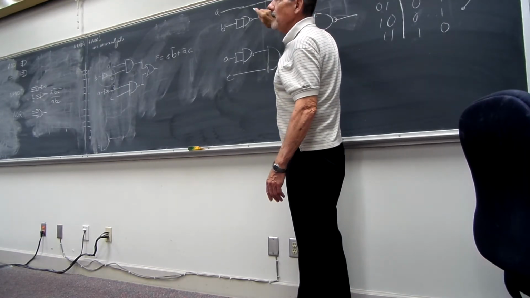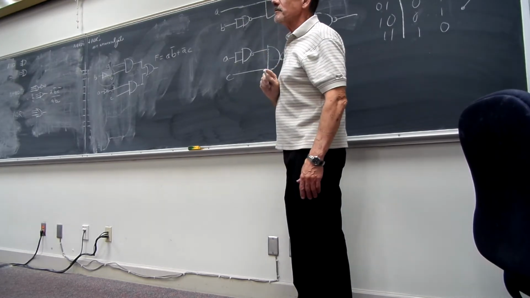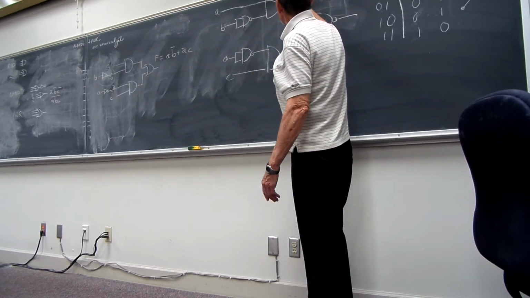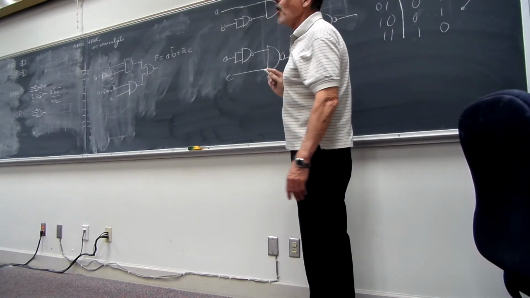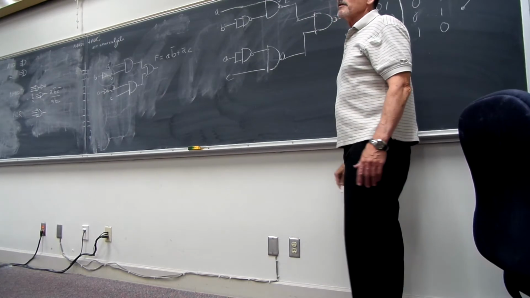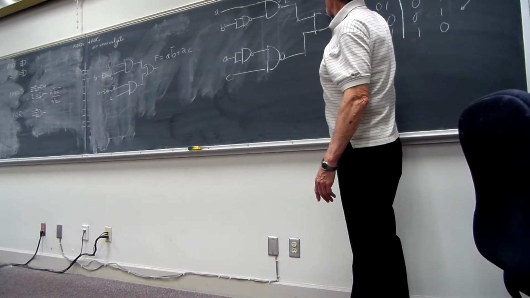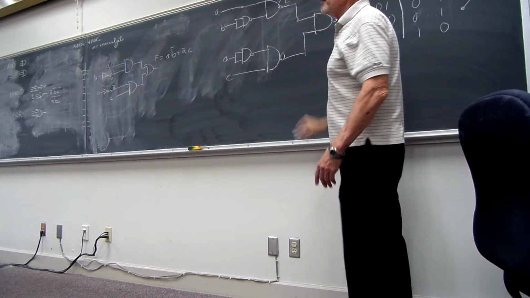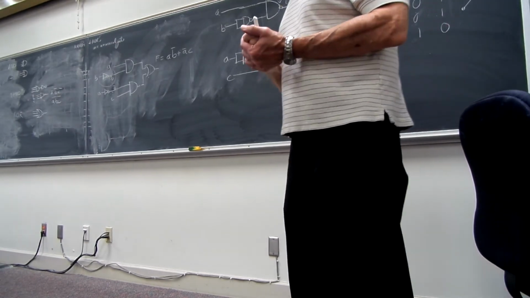A and B bar. Yes? What do I have here? A and B bar, which applying De Morgan's theorem becomes what? A bar or B bar, which is B. Everybody okay?